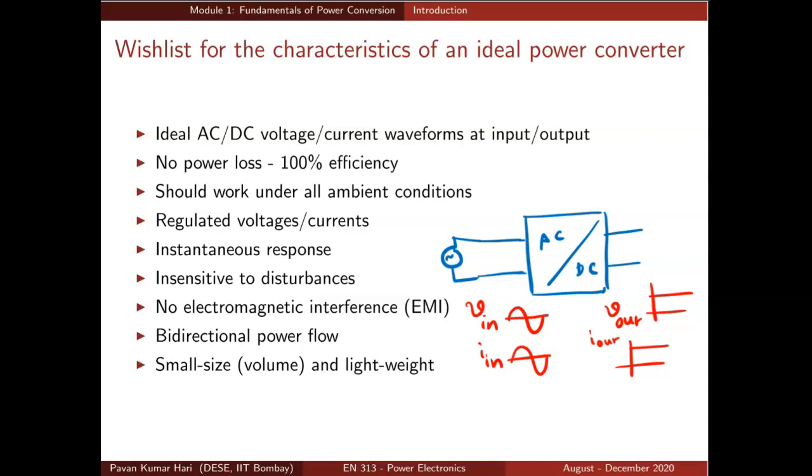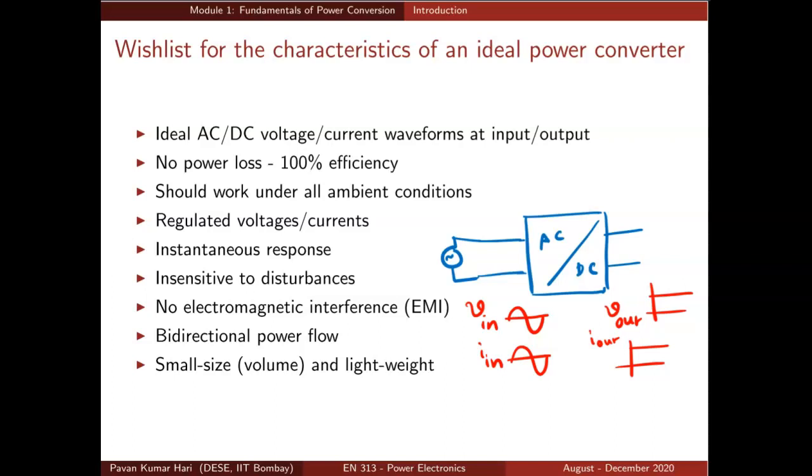And the voltages and currents should be regulated. That means there should be no change in their magnitude and or frequency under any operating condition. And we should be able to change the output voltage or current instantaneously as desired depending upon the circuit conditions.